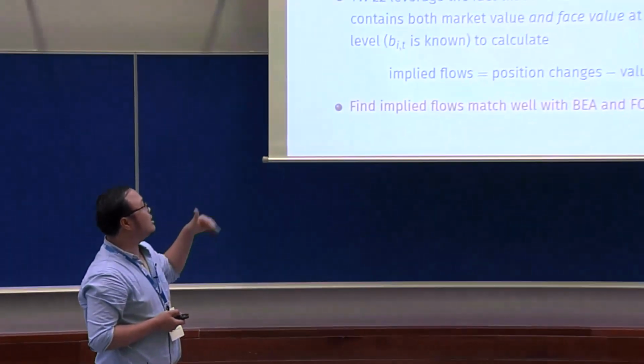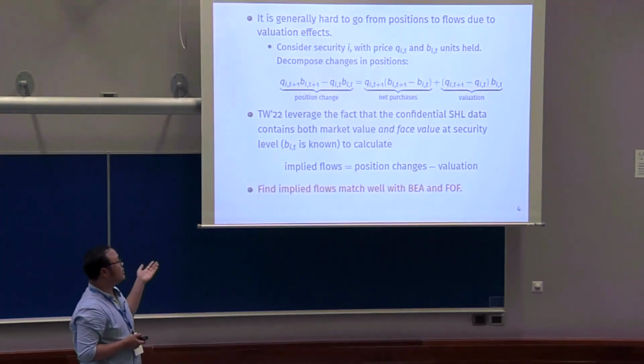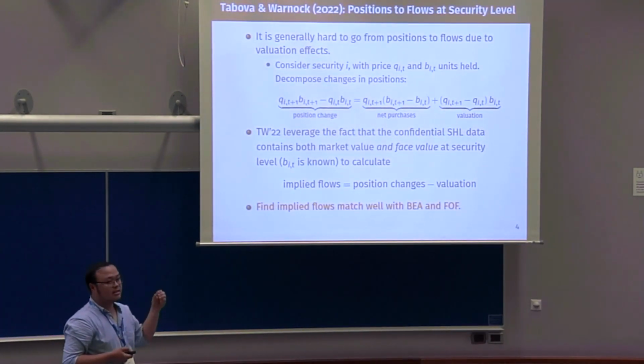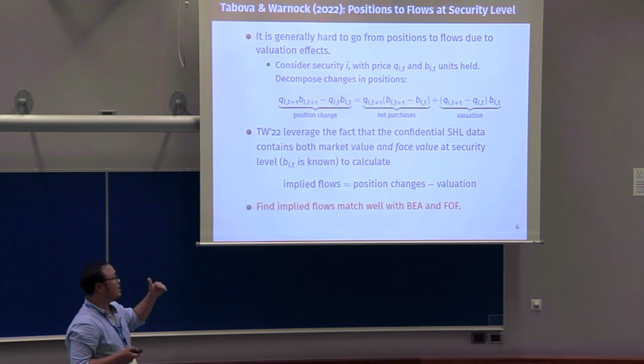Okay. So the empirical exercise here is, it's generally hard to go from position to flow. If you just look at the changes in market value of a security, there will be two effects. You can do the decomposition. One will be due to net purchases, the fact that people are buying more of this asset, and the other one due to valuation. So the price of the asset has gone up, so the position goes up.